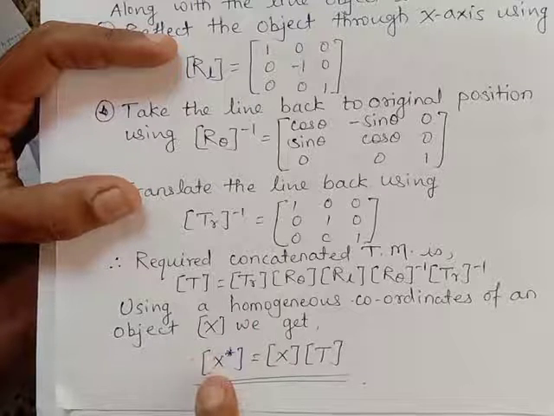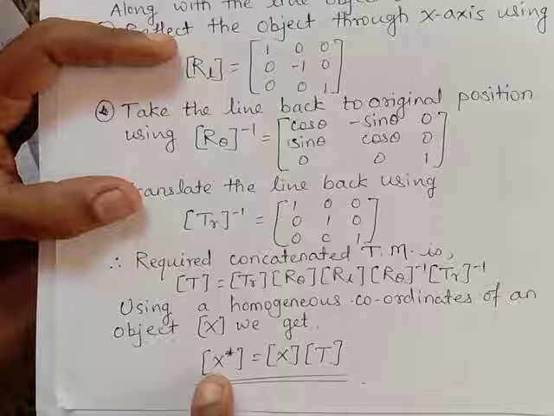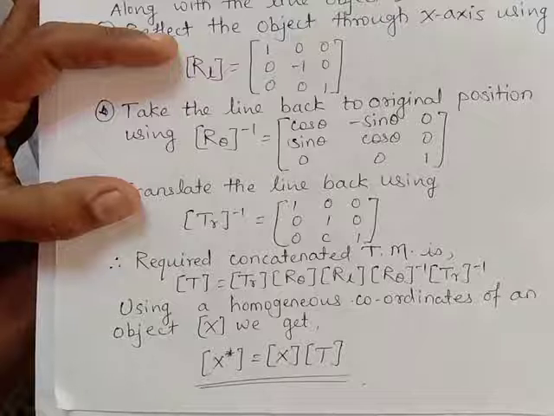That will be the reflected object through an arbitrary line. Now let's see an example on it. Before going towards the example, let's write a few notes.